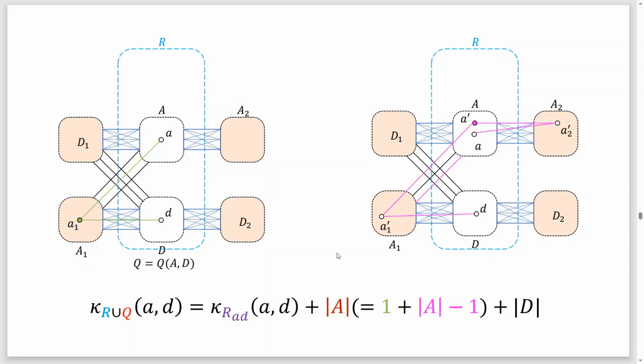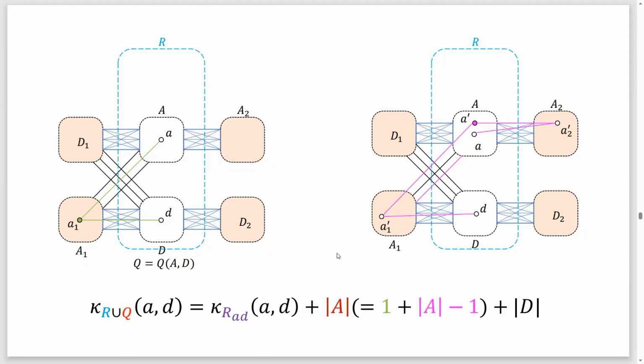And also in the sourcing isolating gadgets, the upper bound D1, A, and A2 are disconnected to the lower part A1, D, and D2, just because for every matching edge, we cut one set of it.